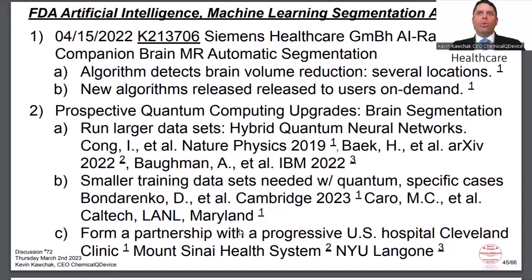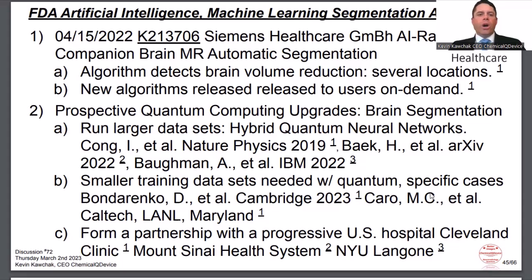That's kind of been known as the sweet spot, especially as error decreases and qubits increase. And here's the other thing people don't know too much about: in certain cases, you can run smaller training data sets. Just like with anything, there's quantum advantage in certain aspects with this.